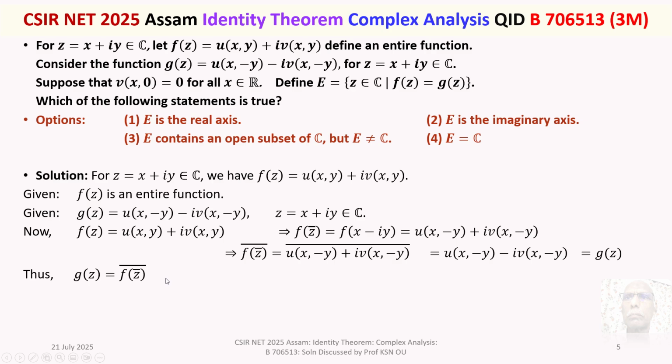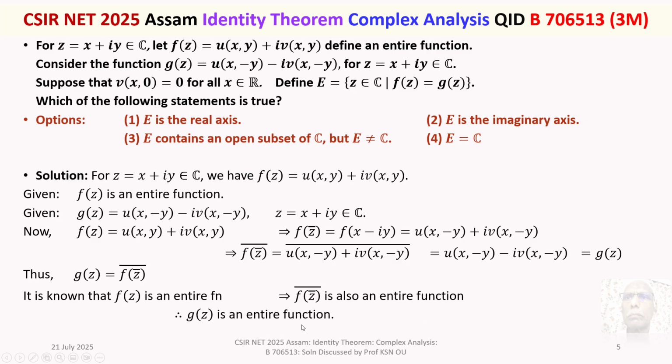For a given domain D, whenever f(z) is analytic in D, the conjugate of f(z bar) is also analytic in D. Now extending it, if you take C in place of D, then you will get this result. It is known that f(z) is an entire function, which implies the conjugate of f(z bar) is also an entire function. Thus, g(z) is also an entire function. Things have become very clear now.